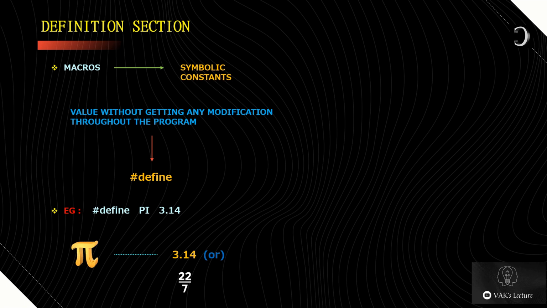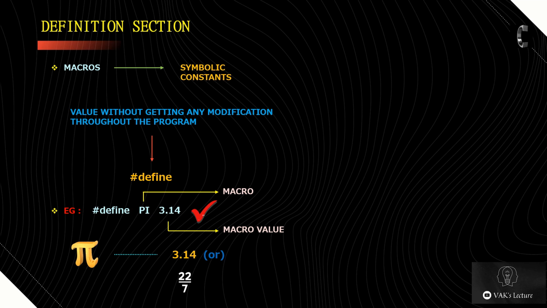So we can use the pi value like #define PI 3.14, where PI is the macro and 3.14 is the macro value. Generally, we use capital letters for macros to differentiate them from normal variables. Many users also use small letters, but for differentiation purposes, it is better to use capital letters.